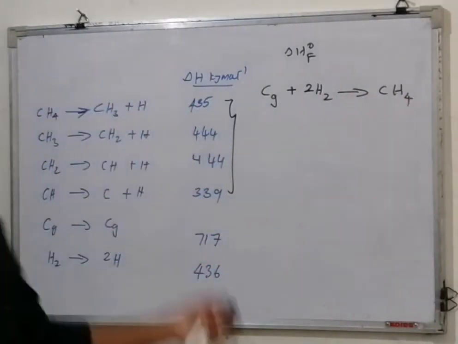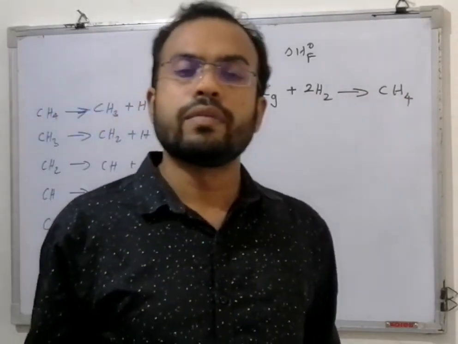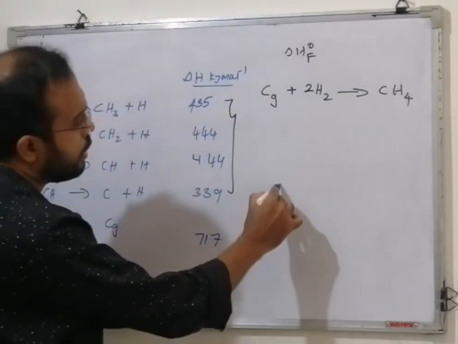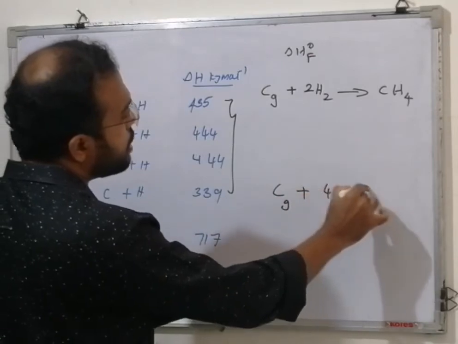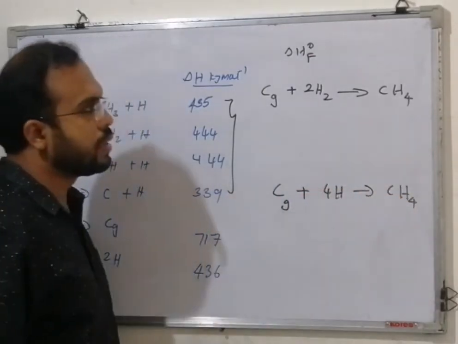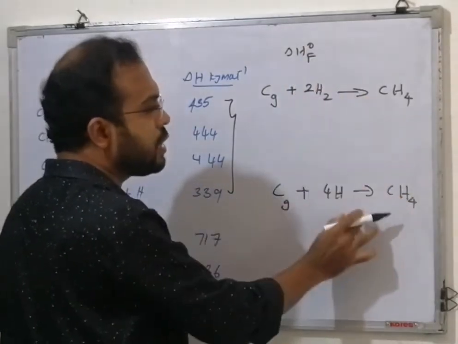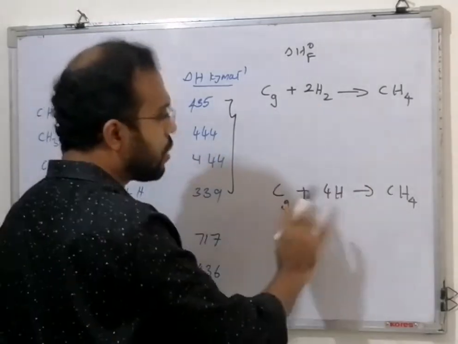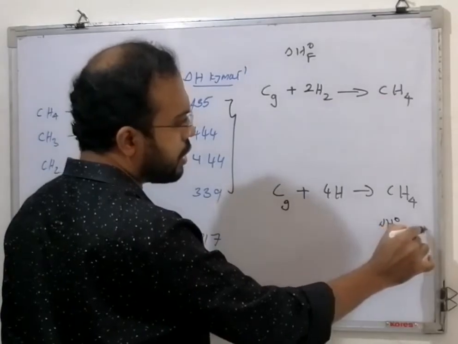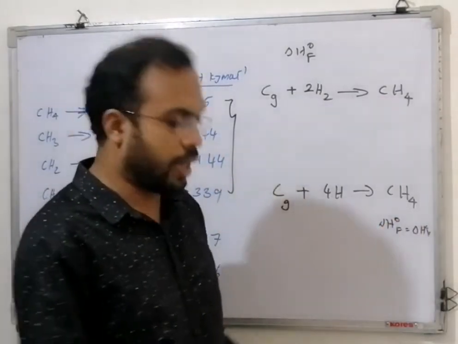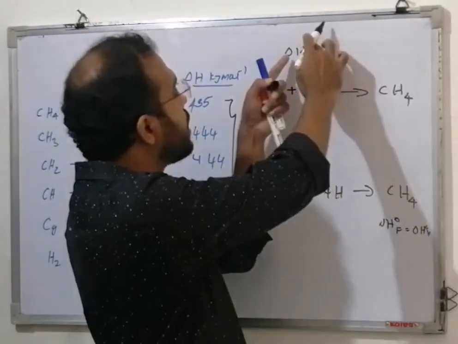Earlier, in the previous problem, we did a delta H0 formation that was C gas plus 4H gives CH4. This delta H0 formation and that one are different. This is delta H0 formation; that is delta H0 reaction. Understand, these are different because this is the standard state.